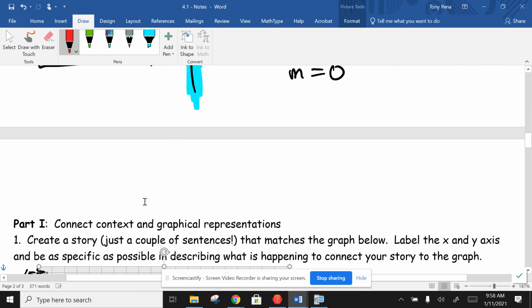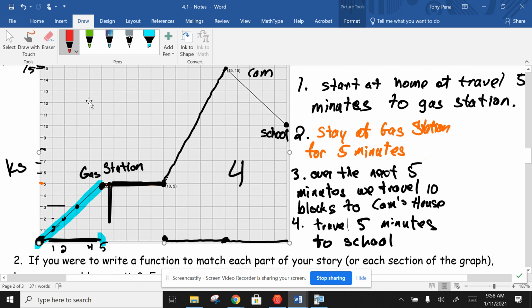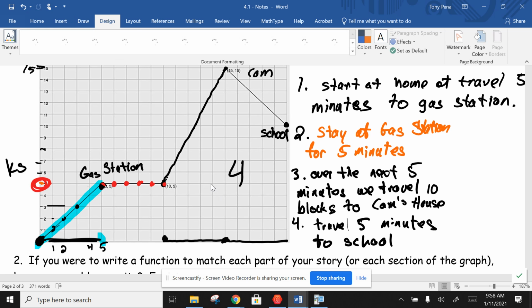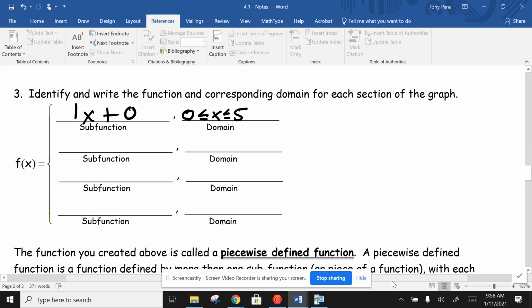So go back to your horizontal line in this graph. Not coincidentally, think about what the y coordinate is always in this line. If I go here, here, here, here, doesn't all of these points have a y coordinate of 5? So the equation for the second part of the function is just y equals 5. And that's it.